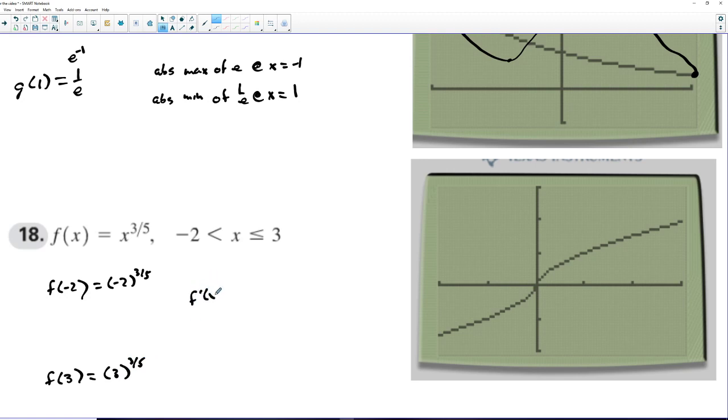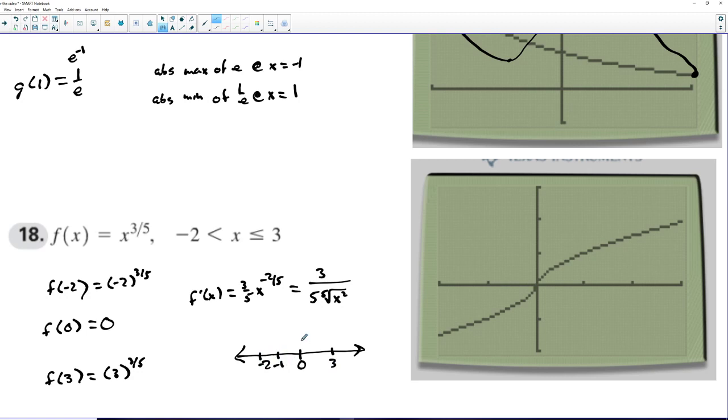Now f prime of x is equal to 3/5 x to the -2/5, which is 3 over 5 times the 5th root of x squared. 0 makes this undefined, so we want to know about 0. If we plug 0 in, we get 0. However, we have 0 here, and we have 3 here, and -2 here.